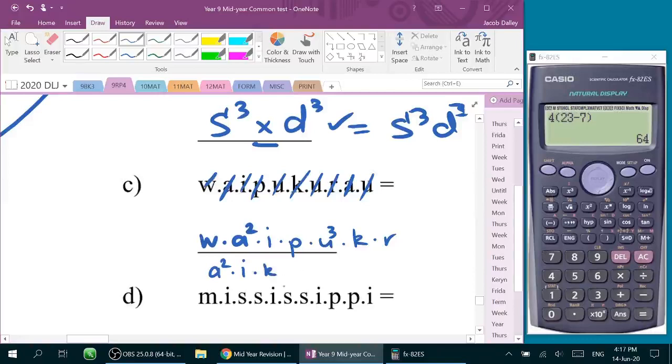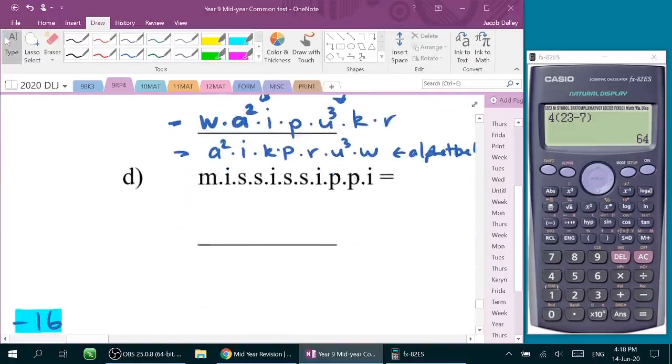K, P, R, U cubed, W. So that's alphabetical. And those are all equal actually, but the simplification is in putting these letters together into A squared and U cubed.